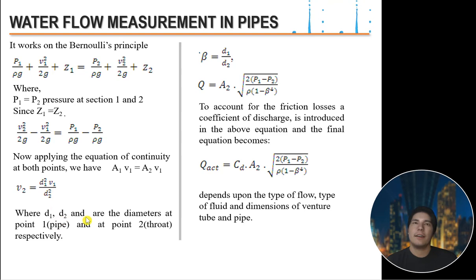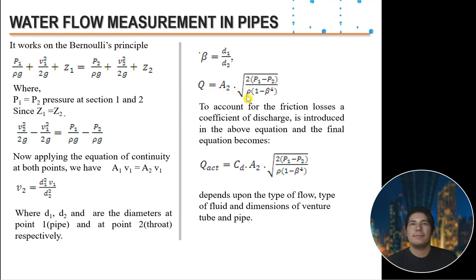Where D1 and D2 are the diameters at point 1 of the pipe and at point 2, which is the throat part, respectively. We also have beta, which is D1 over D2. We want to express this equation as a function of beta. So now, substitute that into our flow rate equation.